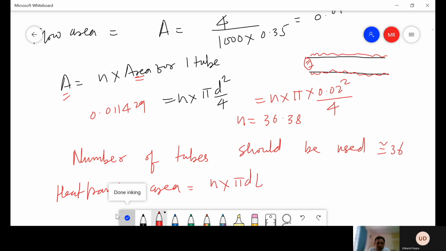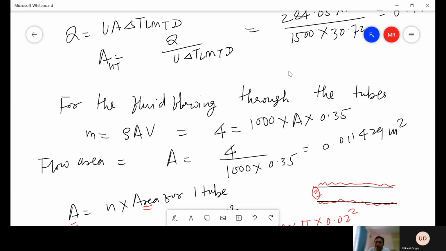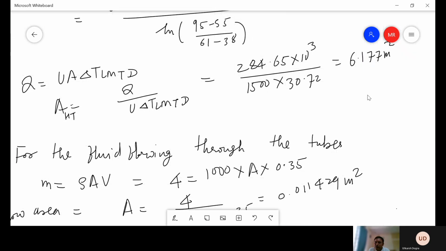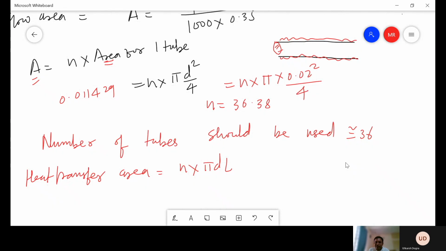This is the heat transfer area, 6.177 meter square, isn't it? Do you agree? So pi dL is the heat transfer area for one tube. How many tubes are there? There are 36 tubes. This length we don't know, unknown, isn't it? So 36 into pi dL should be the total heat transfer area. Do you agree?